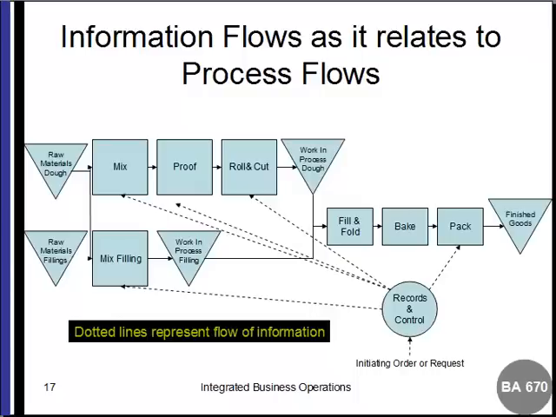If it's not operating according to the plan, there may be alarms or other kinds of visual or audible indicators that suggest that things are not operating as the way they should, and therefore a person needs to take action. So information flows are a very, very critical aspect of any process flow assessment.